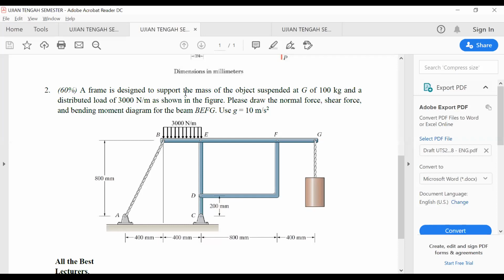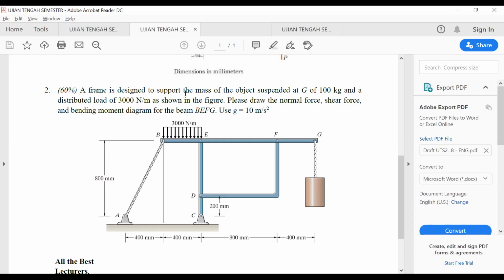Let me discuss this. So your main problem is to find out the external forces. You know that you have to draw the moment, normal and shear force diagram for member B, E, F, G. You know about it, right? But the problem you face right now is to find out all the external forces. Yes, sir.